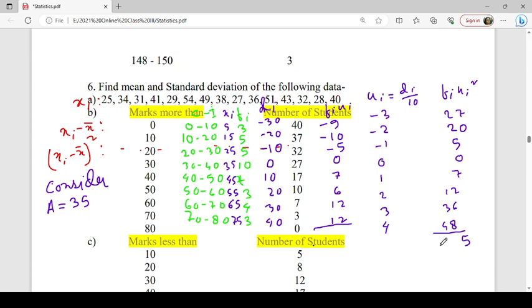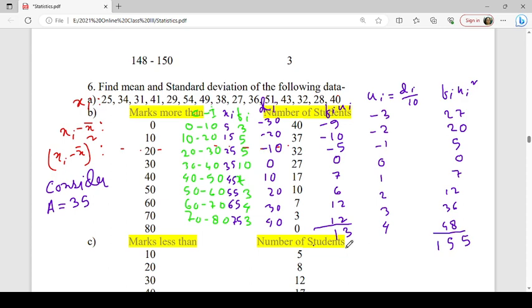So this is 155. And summation fi ui, it is 24 plus 6, it is 37. This is positive, and this is negative, it is 14. 14 plus 10 is 24. So 37 minus 24 it is 13.